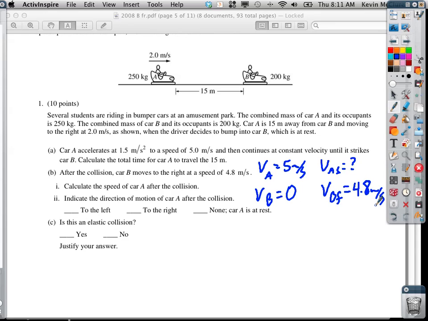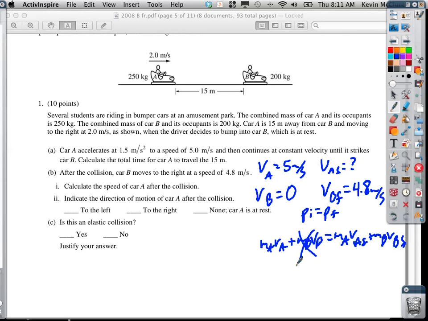Calculate the speed of car A after the collision. There you go. Is everybody reasonably clear on how to do that? All right, it's just PI equals PF. And then MA VA plus MB VB equals MA VA final plus MB VB final.